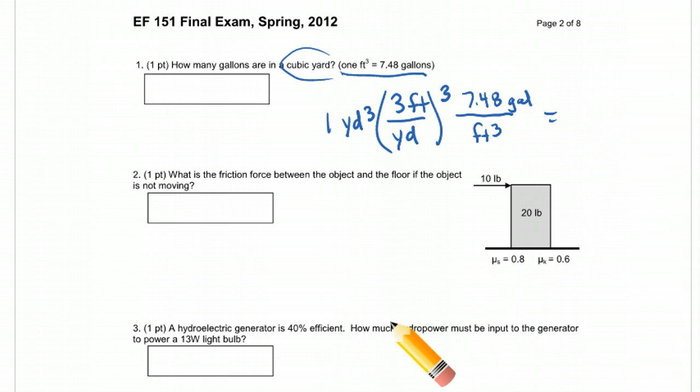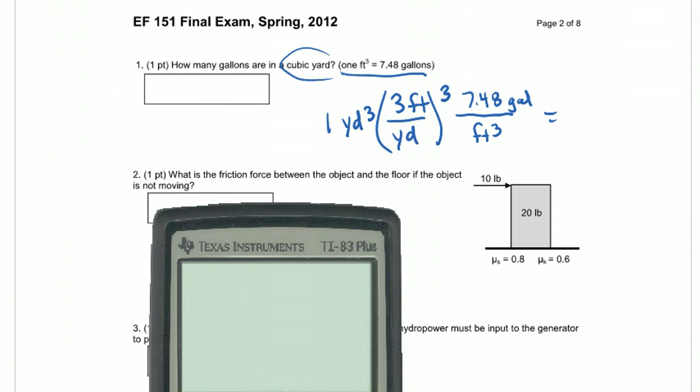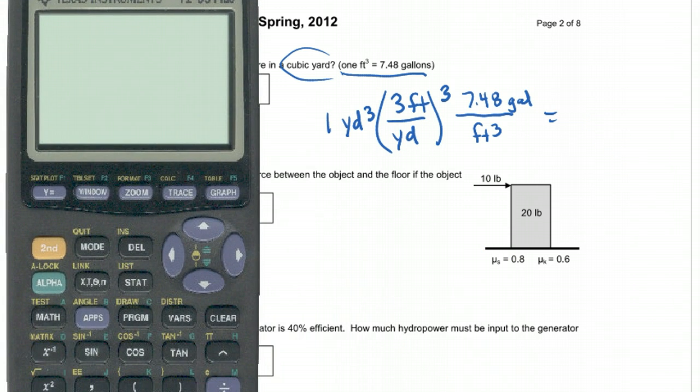Okay, so if we put that into our calculator, we would have 3 cubed times 7.48. 201.96, or 202 gallons.